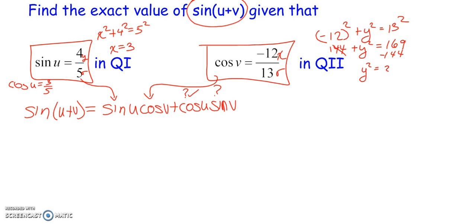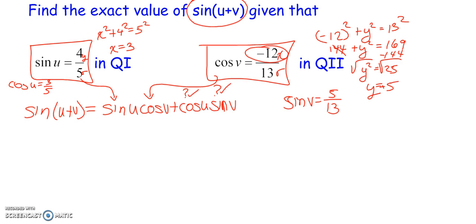Y squared equals 25. And here we would get y equals 5. In quadrant 2, your x's are negative, which we have. Your y's are positive, so that's going to be positive 5. And we're going to be able to say sine v is equal to 5 over 13.